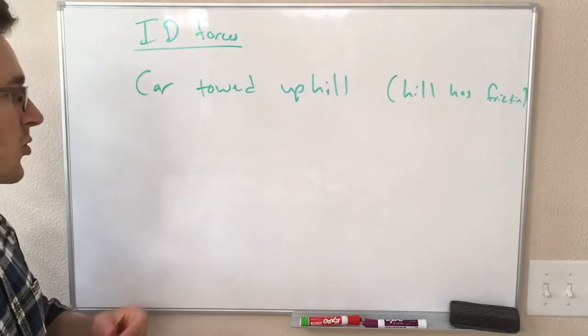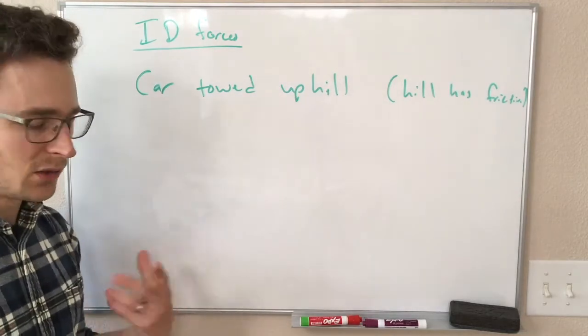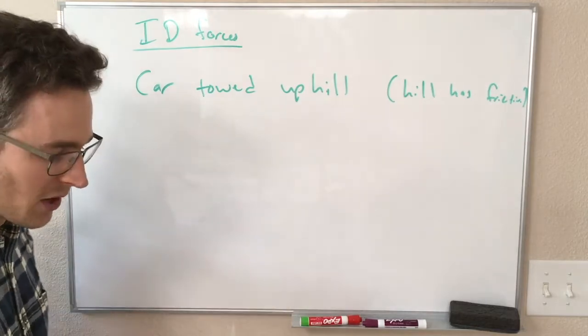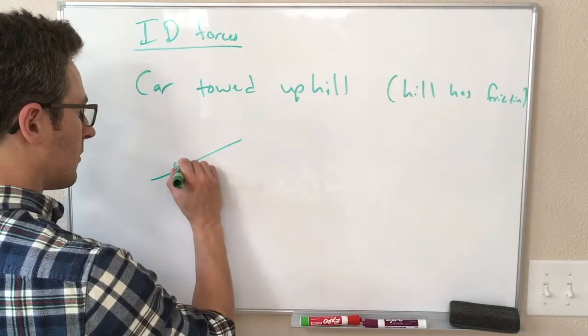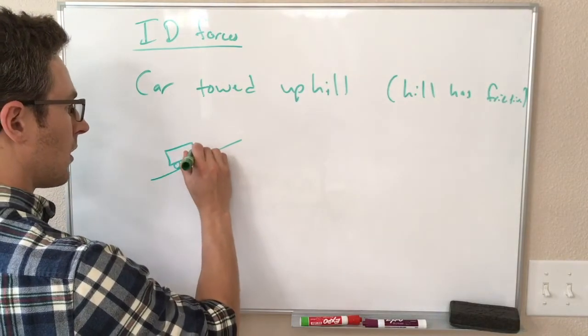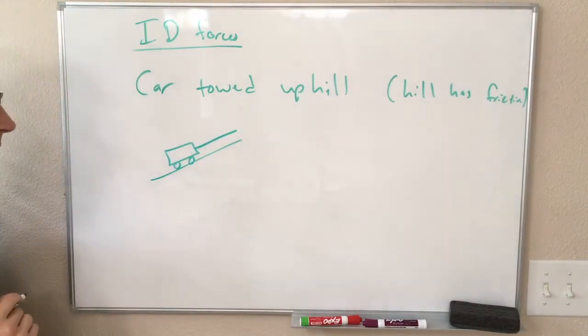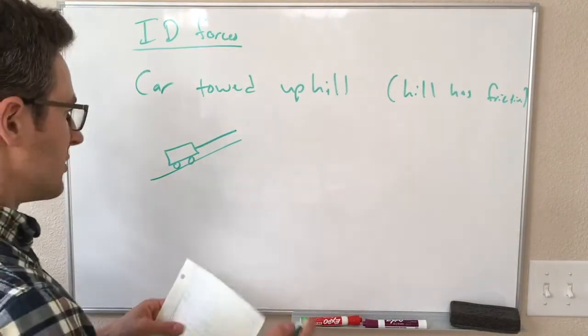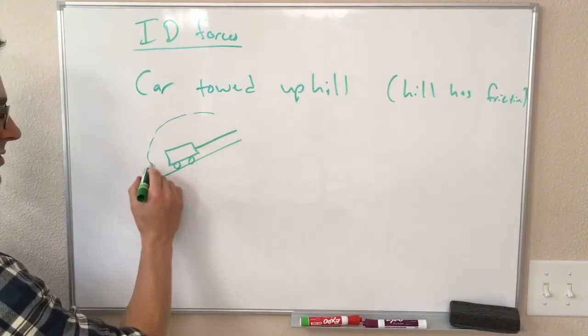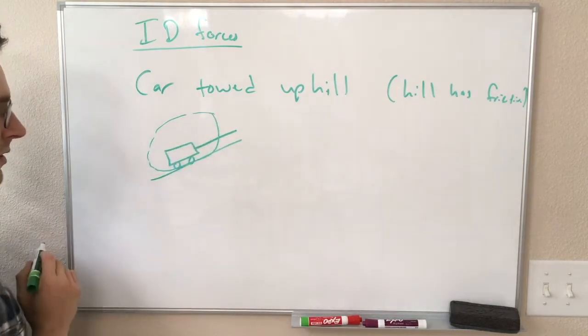Well, let's find the forces on the car. That's the only thing in the problem. So draw a picture. So we have a car being pulled by a rope up the hill. And now we could draw a circle around the system. So it is like that.